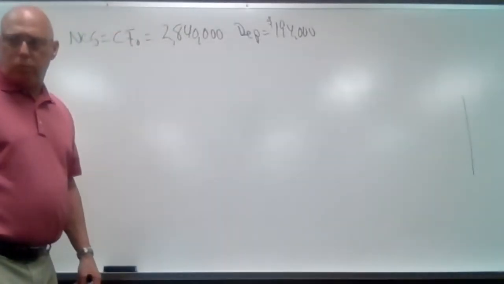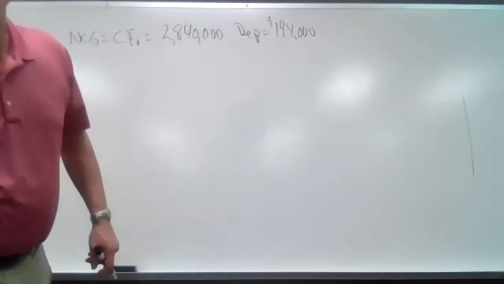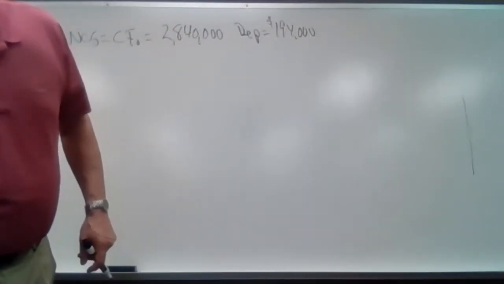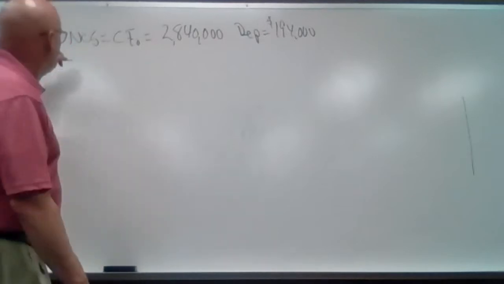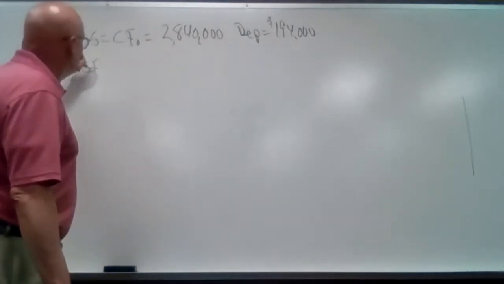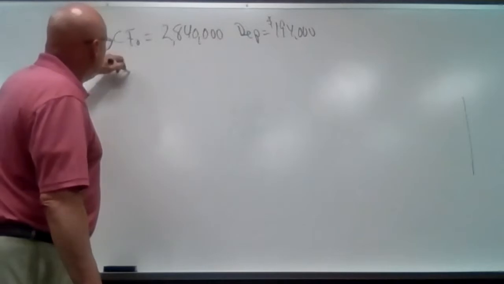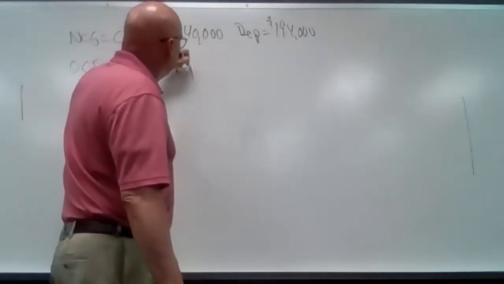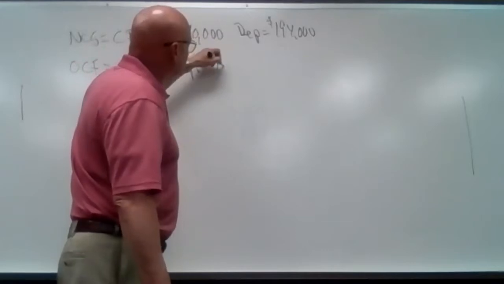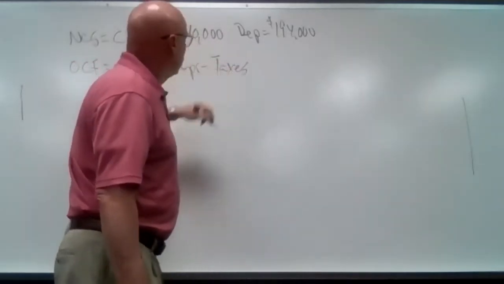All right, so let's go ahead and do our operating cash flow. So operating cash flow is EBIT plus depreciation minus taxes. Okay.